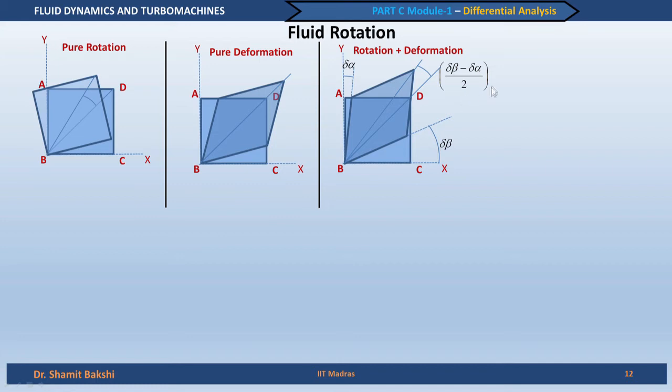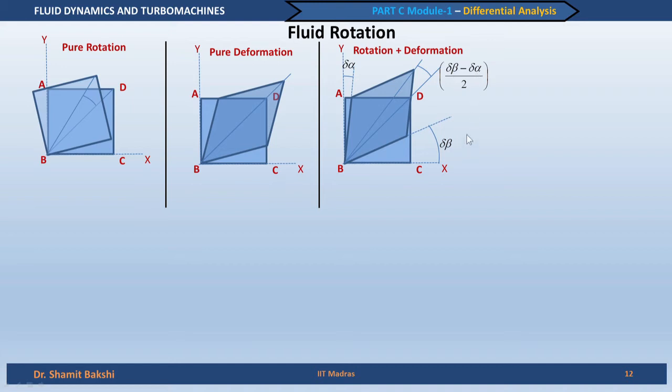Now, can we find this rotation in terms of velocity? When we are dealing with fluid flow, it is important that we represent everything finally in terms of velocity or velocity gradient. This should not be difficult, because while dealing with deformation in previous lectures, we already found how to find delta beta and delta alpha in terms of the velocity gradient.